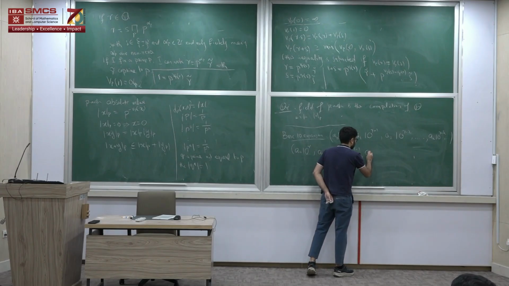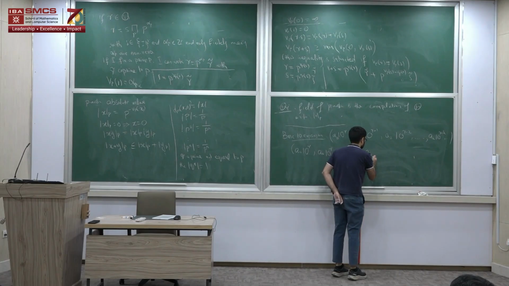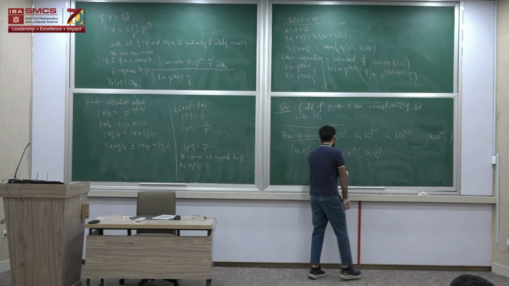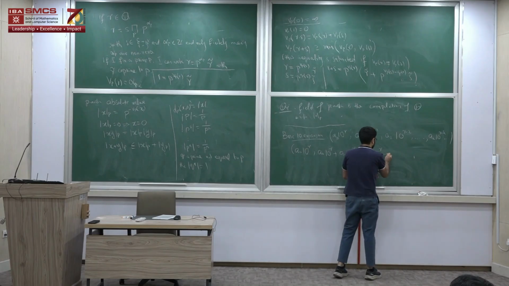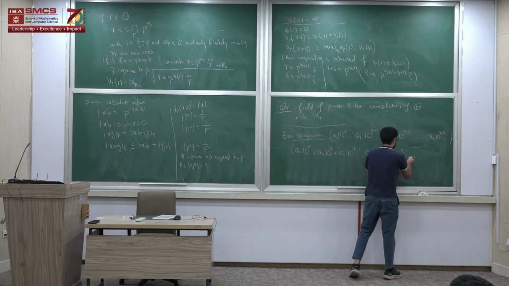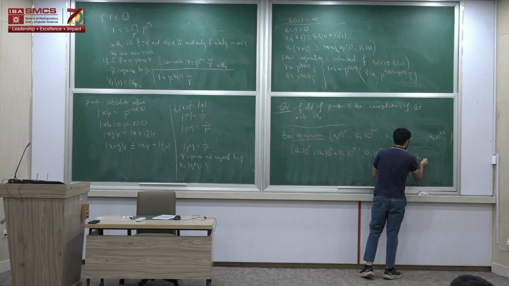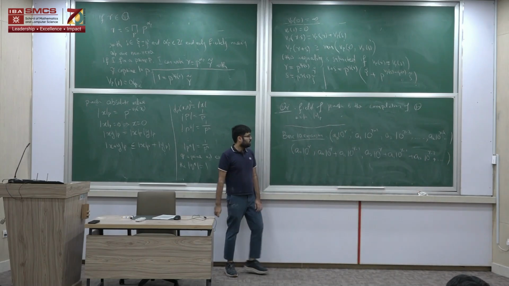The next one, which is the last one I will write, is a0 times 10 to the r plus a1 times 10 to the r minus 1 plus a2 times 10 to the r minus 2, and then there are other terms which are written in the obvious way, right.